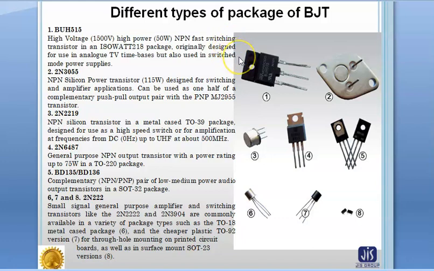This NPN fast switching transistor is in an ISOWatt 218 package, originally designed for use in analog TV timebases, but also used in switched mode power supplies. So this is the BUH515.